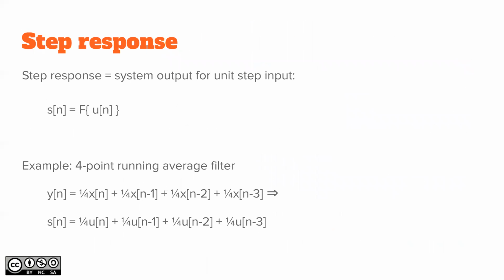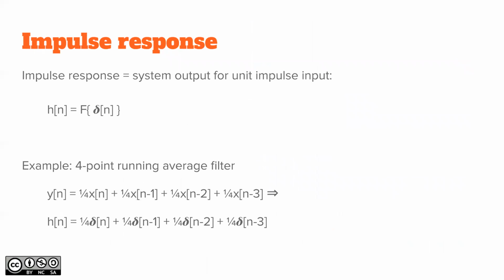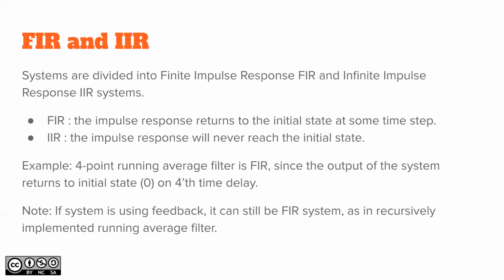Let me go really quickly through this one again. So we have impulse response, which is defined actually just as the output for a delta signal. Okay, nothing more than that. But it defines if the system is characterized as a finite impulse response system or infinite impulse response system, FIR or IIR system.